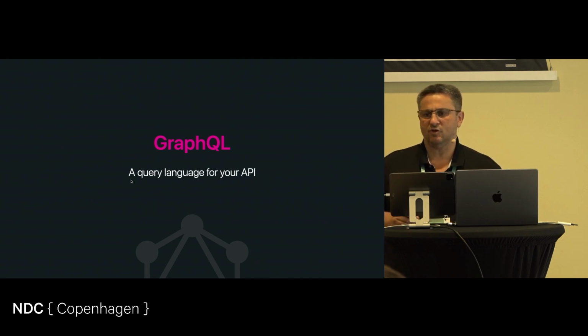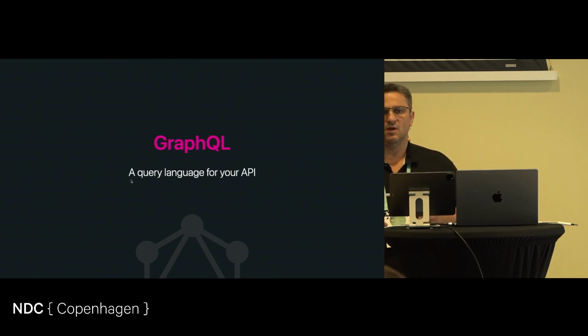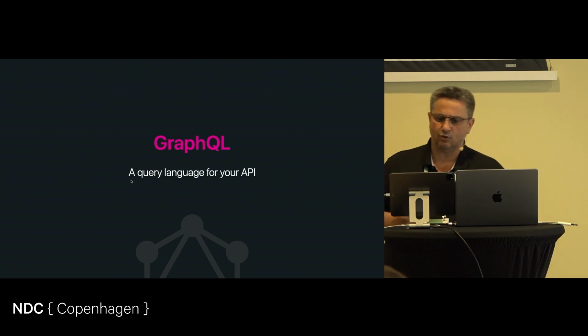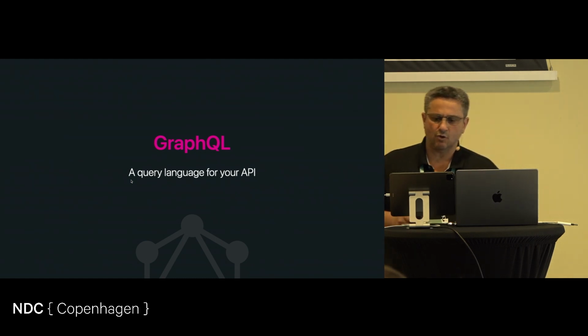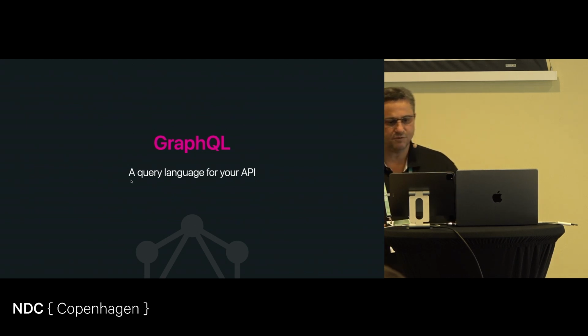That means that nowadays it's not a Facebook thing, it's part of the foundation where a lot of companies belong. Here I need to say again, big thanks and a mention to the co-creators, Lee Byron, Dan Schafer, and Nick Schrock, among many other contributors, but they are the original creators of GraphQL.